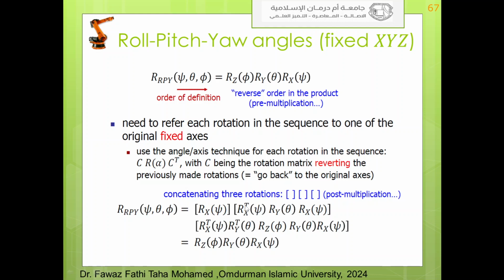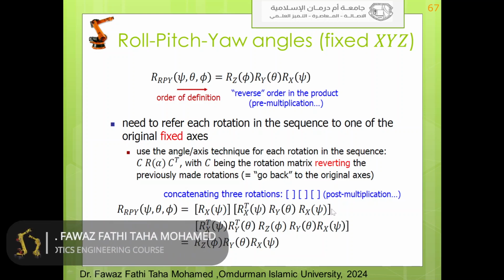I make Rx transpose to align our frame to the Y axis of the old frame. Then I will make a rotation Ry theta. Then I have to revert this movement, Rx transpose.